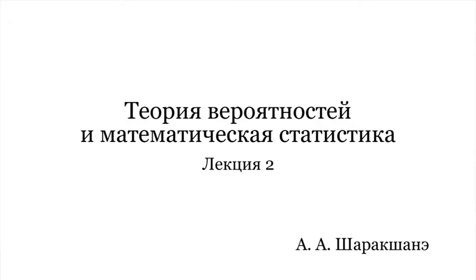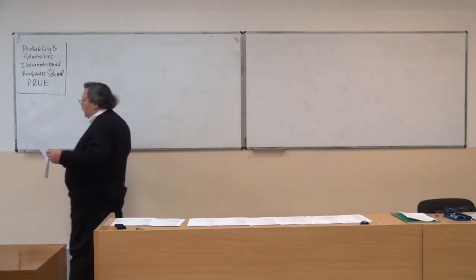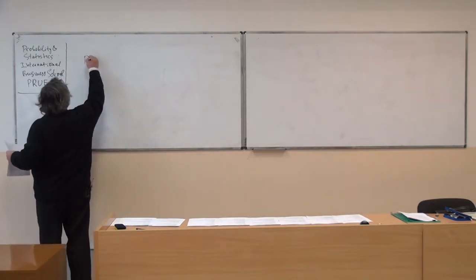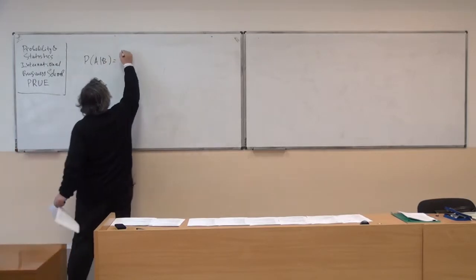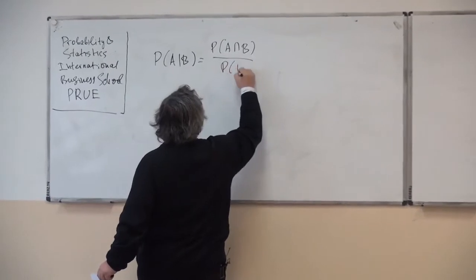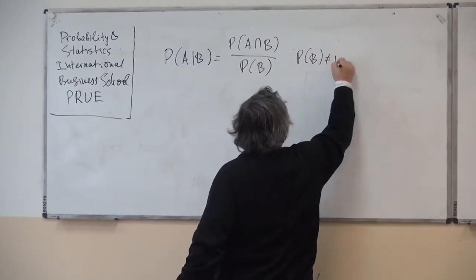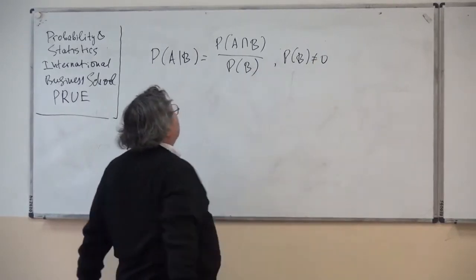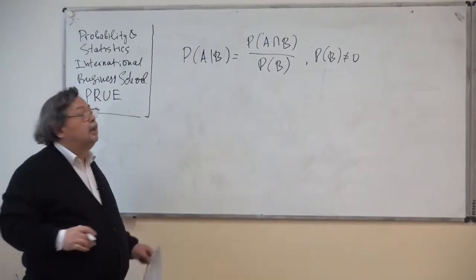Last time I just started talking about conditional probability. Let me write again the formula that was written last time. It's this. Okay, now this is the formula for conditional probability.